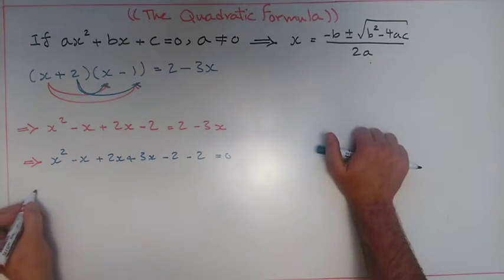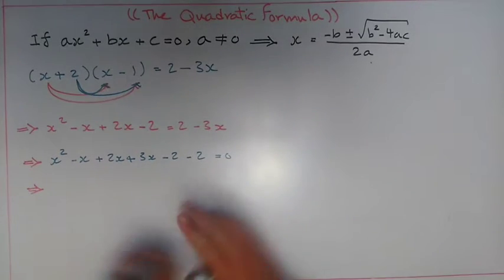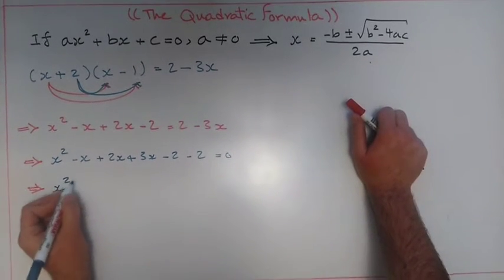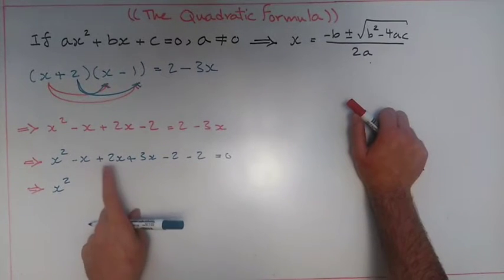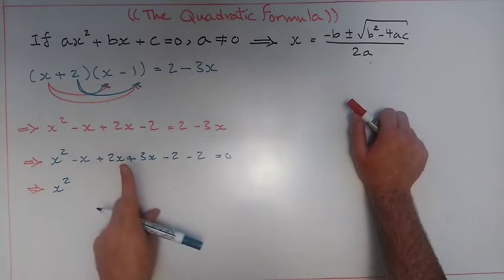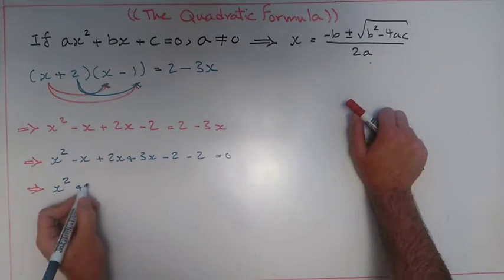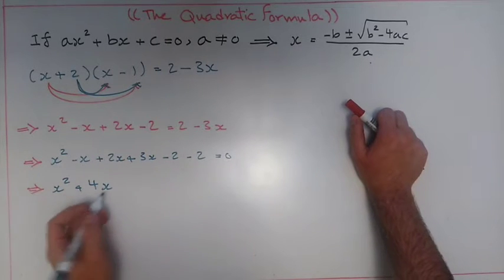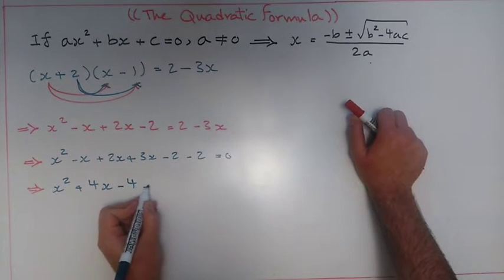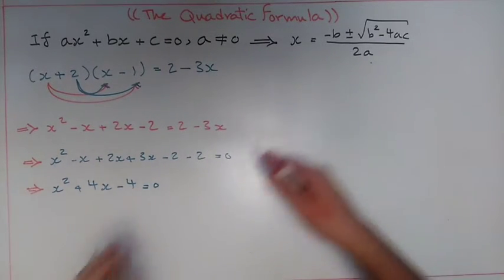Then I add up the like terms. I get x squared, negative x plus 2x is x, and x plus 3x is positive 4x. Negative 2 minus 2 is negative 4 equals 0. Now that is my standard form.